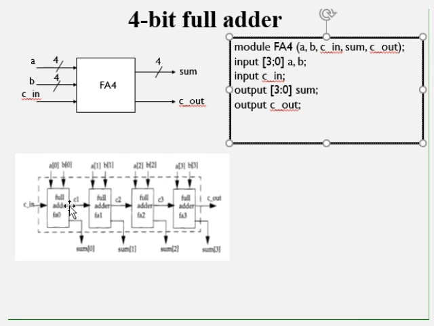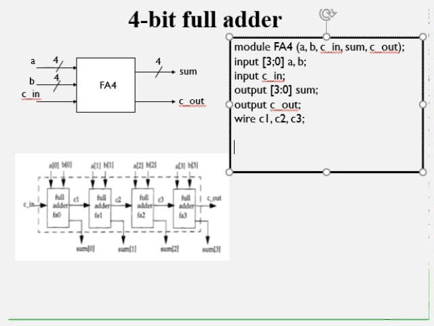Whatever is named inside that dashed box are the internal signals. So those you need to declare as wire C1, C2 and C3. So this is done with the intermediate signal declaration.